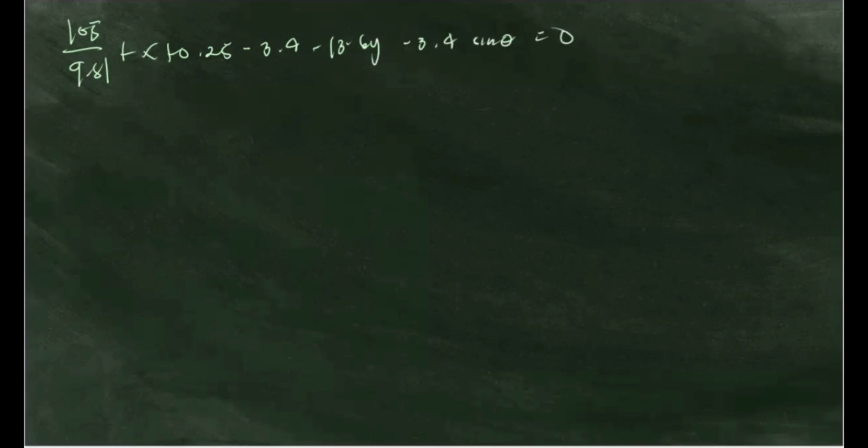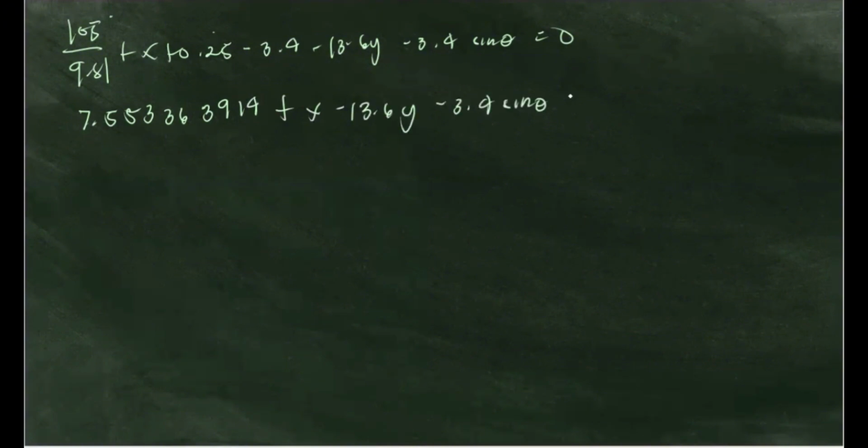When we combine the like terms, the meters, we get 7.55336, 3914 meters, then plus x minus 13.6y minus 3.4 sine theta is equal to 0.